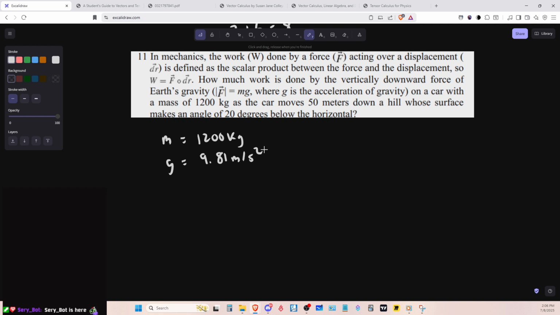And the car is moving 50 meters down a hill whose surface makes an angle of, oh okay. So the distance, or at least dr in this case, is 50 meters.